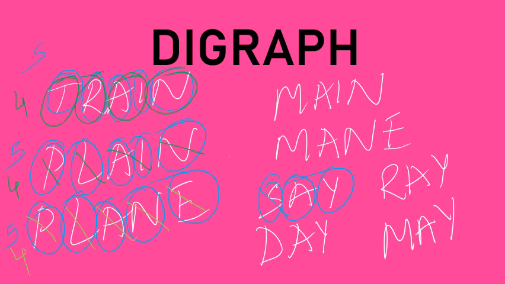S, A. Two sounds. One, two, three letters. D, A. Two sounds. One, two, three. Ray. Three letters. One, two. R, A. Two sounds.